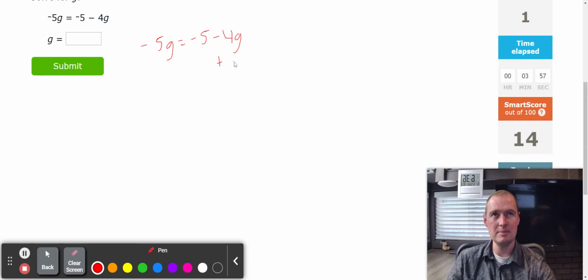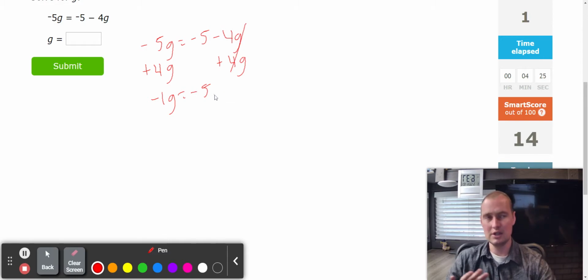So let's add the opposite of 4g on the right side. But if I add 4g on the right side, I better add 4g on the left side. So I got negative 5g plus 4g equals negative 1g, equals negative 5. Now, the opposites, negative 4g and positive 4g, cancel out.